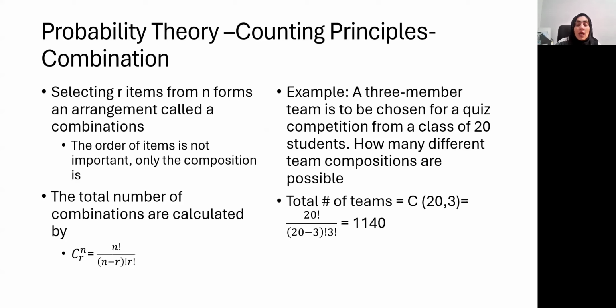You can write combinations using this format as well, you may write it this way or this way. So again, we're choosing 3 items from 20, but the order of items is not important. And this is how we calculate it, and we get 1,140 distinct team compositions that can be formed when we have to choose 3 members from a class of 20 students.